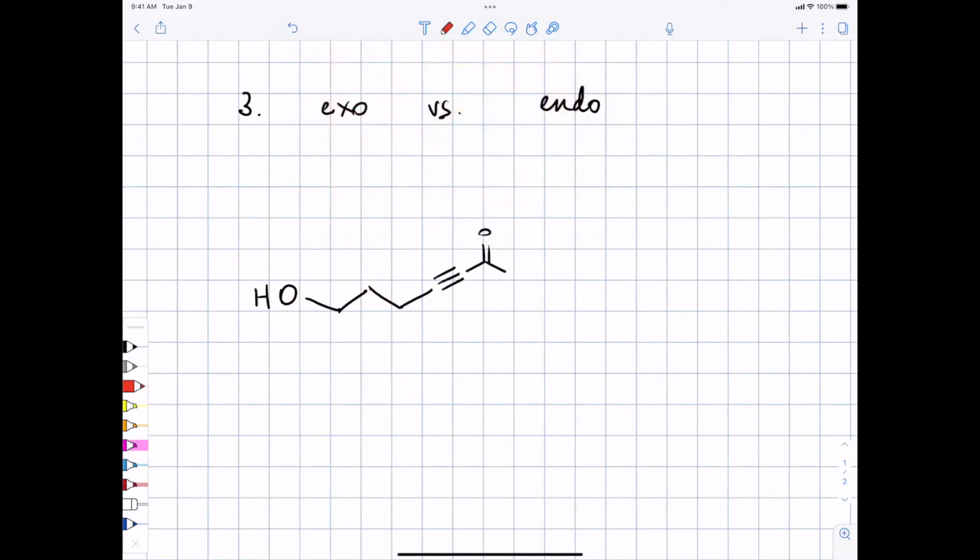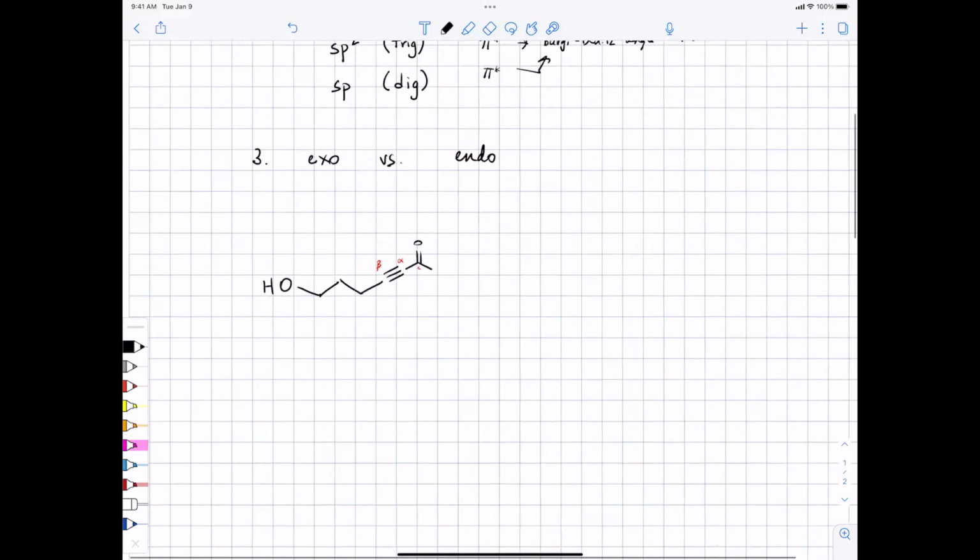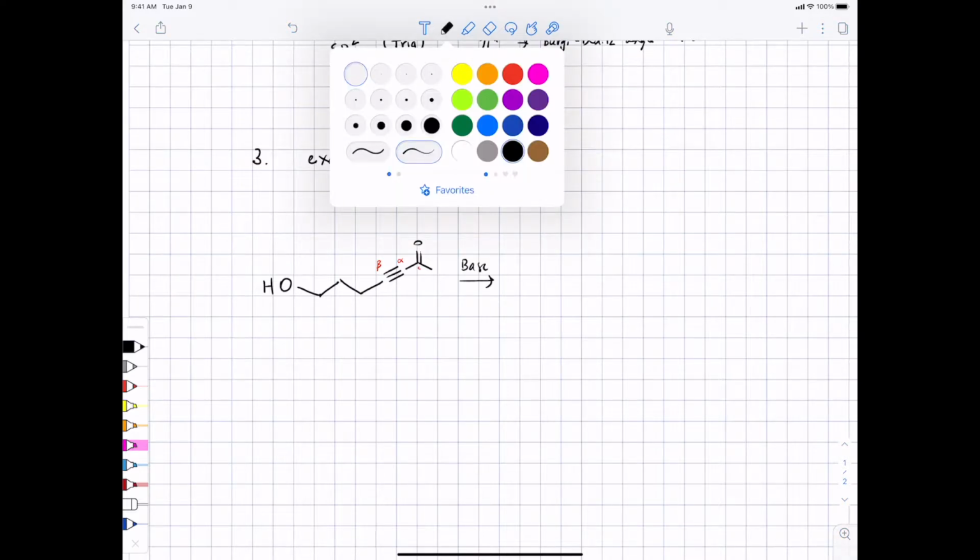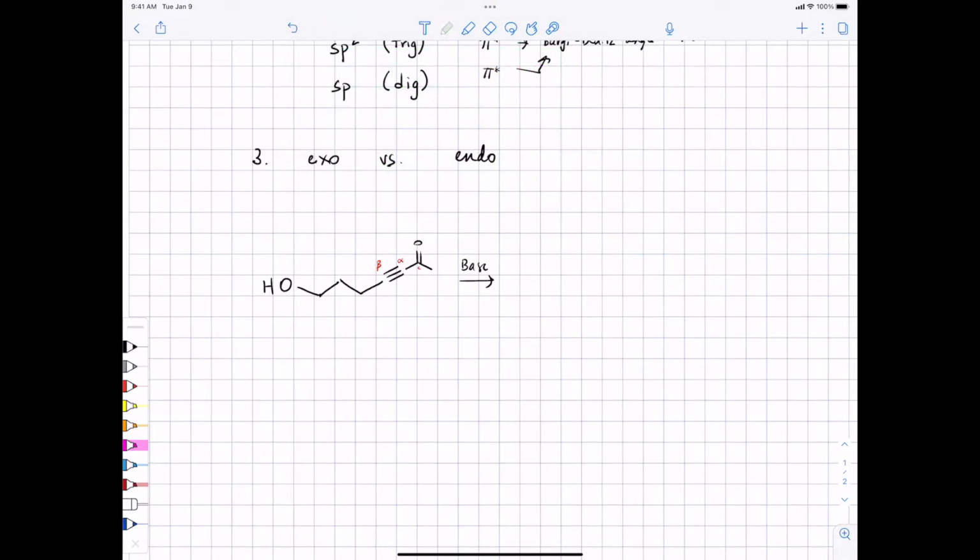So this is an alpha-beta unsaturated carbonyl compound. And if you add a base to deprotonate the oxygen, you can do intramolecular 1,4 or conjugate addition with the oxygen attacking the beta carbon. 1, 2, 3, 4, 5. So you're going to make a 5-membered ring.